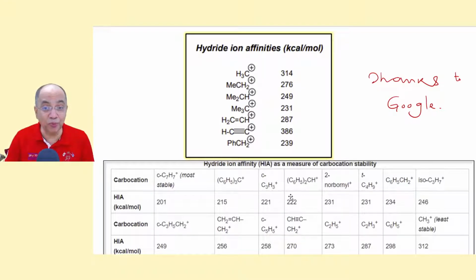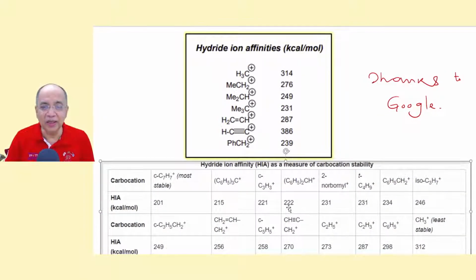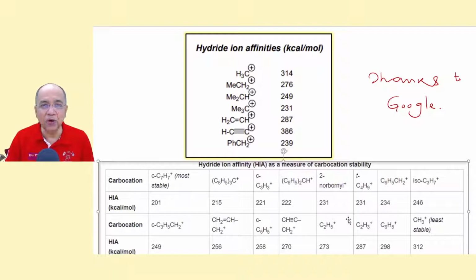I told you propargyl is more stable than ethyl because there is some resonance here. Although resonance is slightly countered, opposed by the sp nature of this carbon, despite that it is more stable than ethyl. Then vinyl, double bond, and then phenyl.